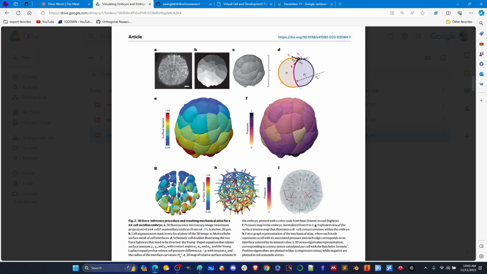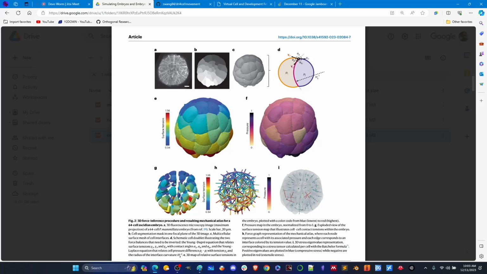So they're going to separate out the actual cell structure with these interaction parameters that tell each cell that you're interacting at a certain force. These are the forces that we expect. So there's a surface tension you can map across the cell or the embryo surface. This is a series of cells in an embryo.